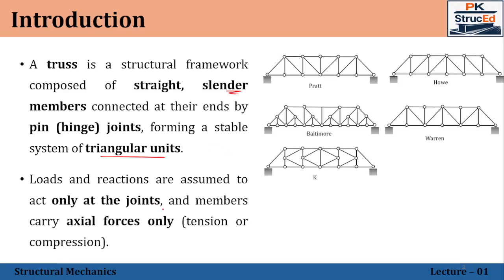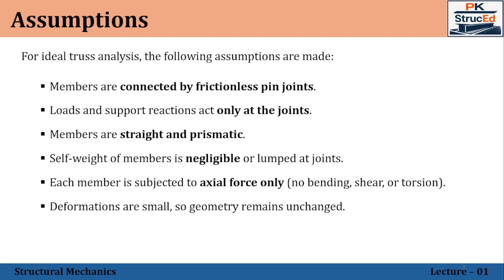In an ideal truss, the loads and reactions only act at the joints. The members carry axial forces alone, either in tension or compression. Before analyzing a truss, we make certain idealizing assumptions to simplify the analysis.